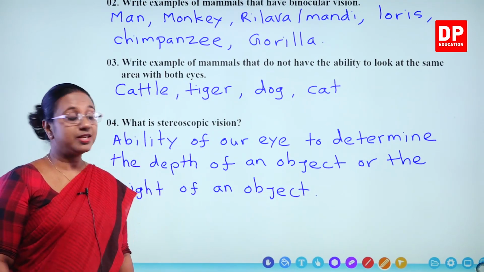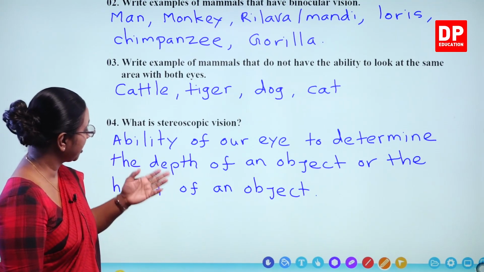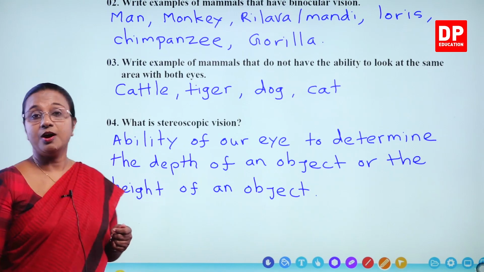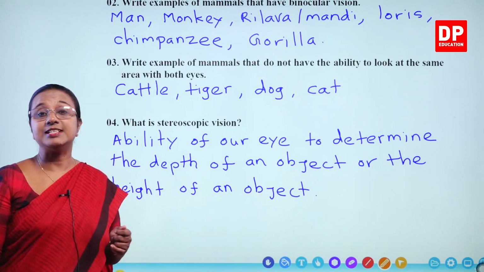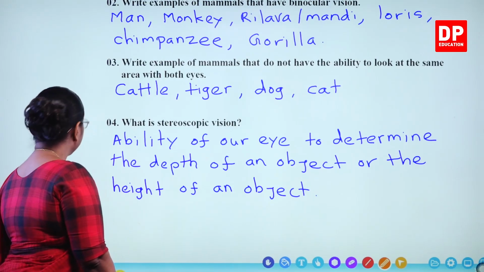So, is that okay, students? Ability of our eye to determine the depth of an object or the height of an object. So, that is what we call stereoscopic vision. With that, I will move on to the next question.